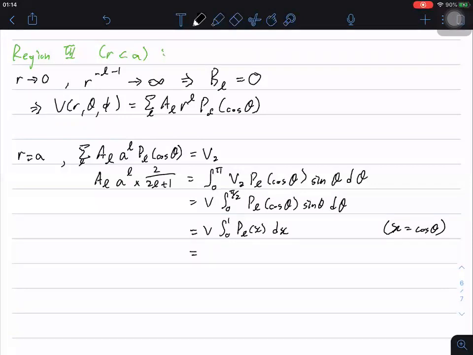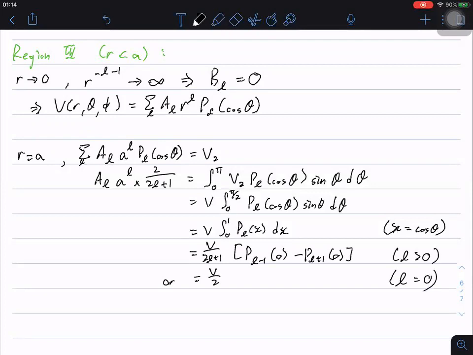Again, you can just copy the solution above, which is this one. This one is for L greater than 0, and for L equal to 0, we have simply V, not V over 2.